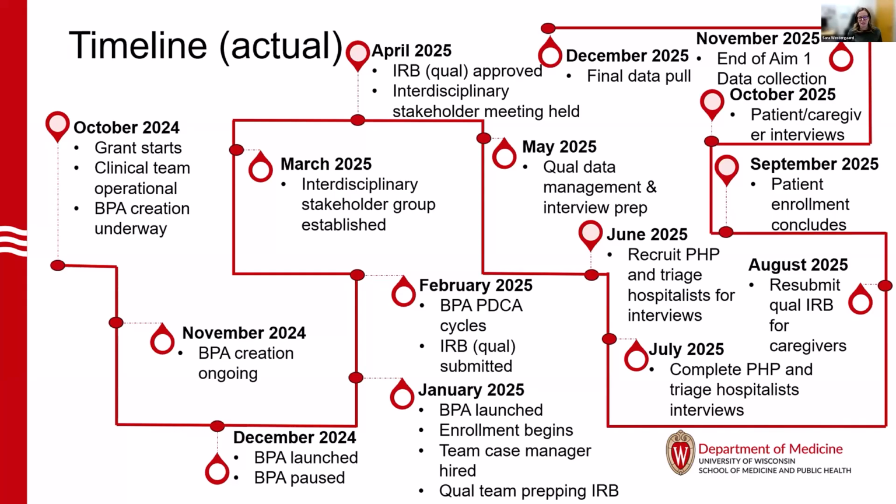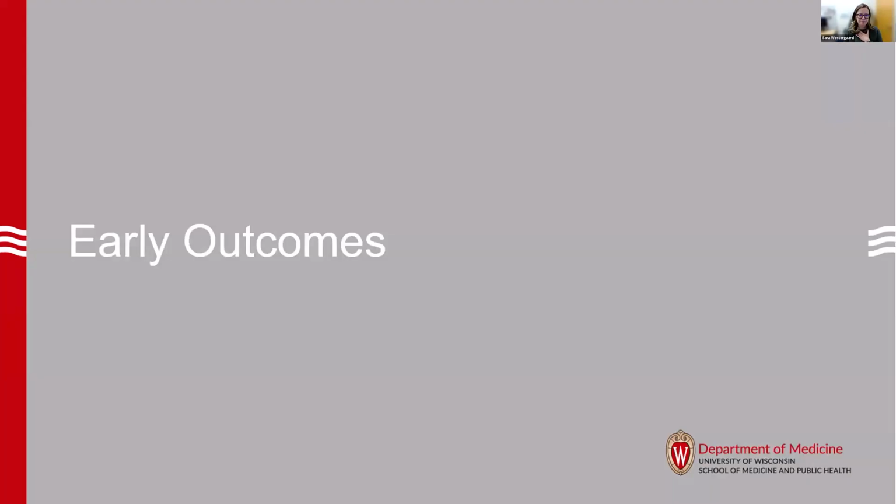So that ultimately didn't happen until October, and that has not happened to the extent that I had initially planned. You can see in September, we were able to complete the period of enrollment, and then we continued to do data collection through November, and we're in the midst of our final data pull right now.